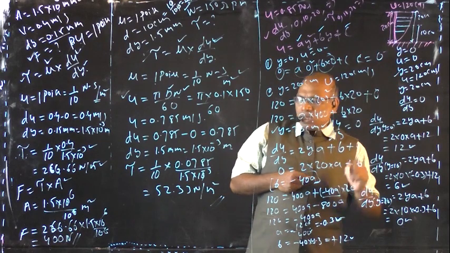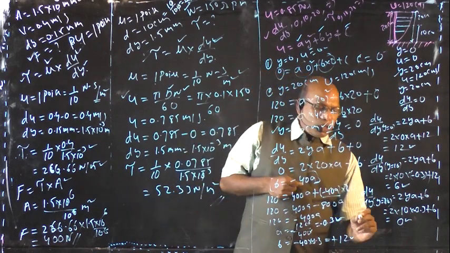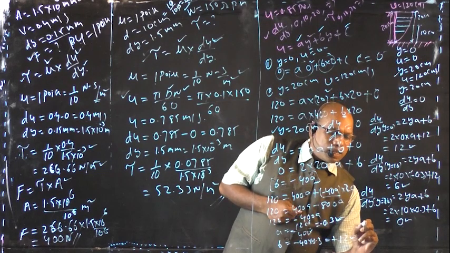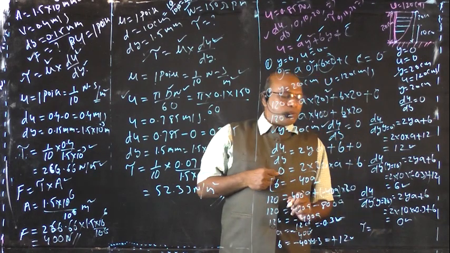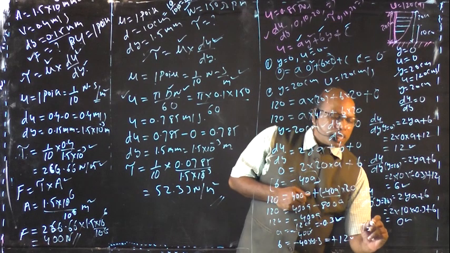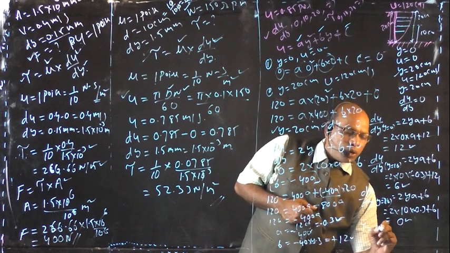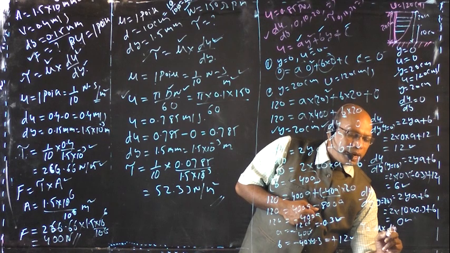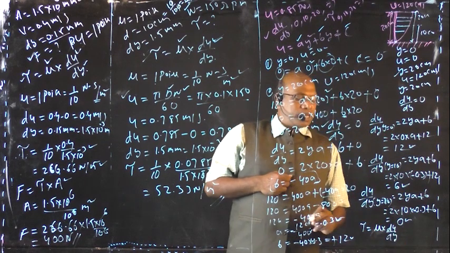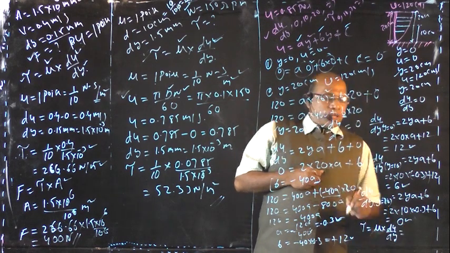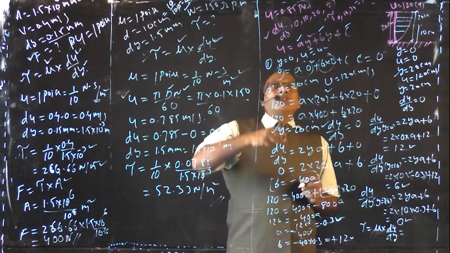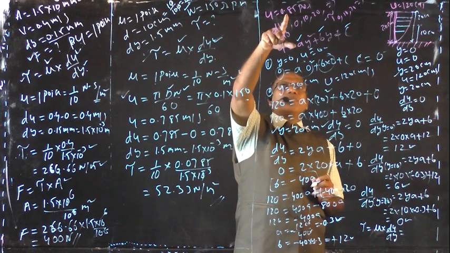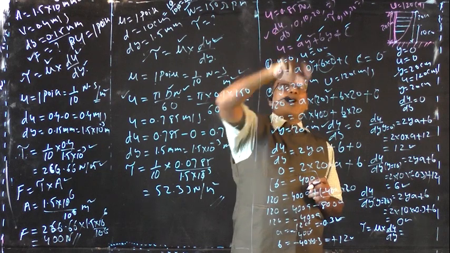Therefore shear stress tau is equal to mu into du by dy. What is the mu value they have given in the problem? That is equal to 0.85 poise.